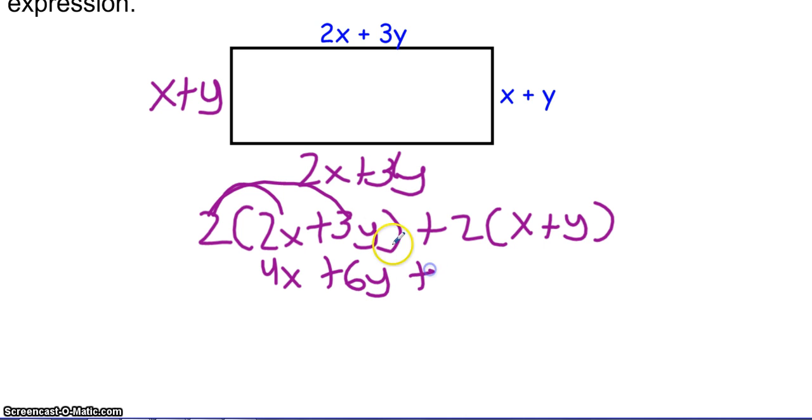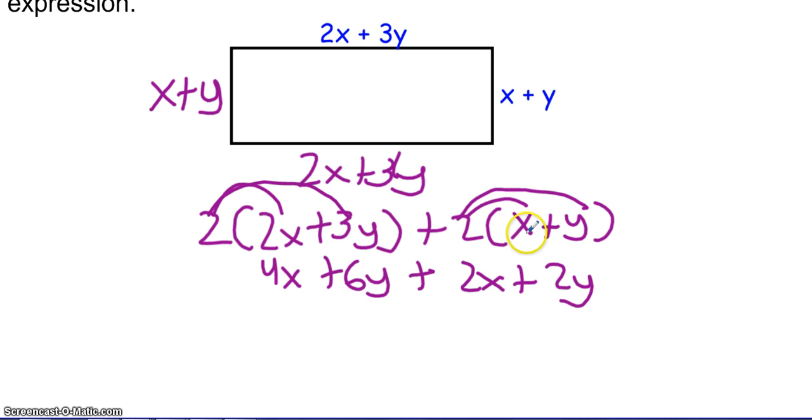Then we're going to add, and we're going to distribute the 2. So 2 times x and 2 times y. So we get 2x plus 2y. And remember that sneaky 1, it's in front of both the x and y. We would just multiply 2 times 1, and again the variable remains the same, so we get 2x plus 2y.